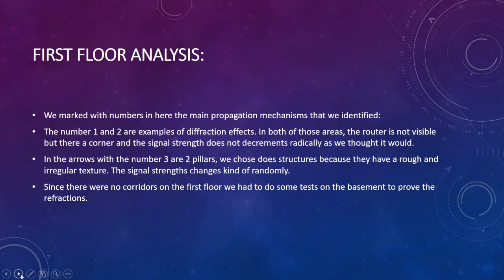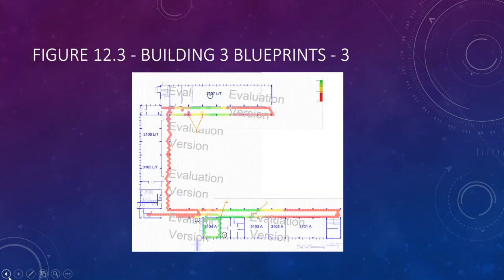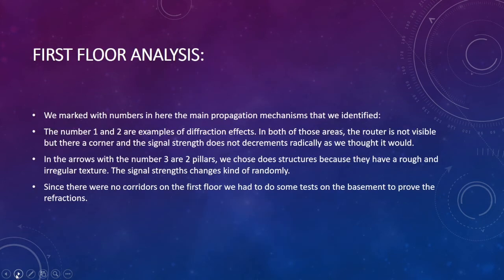In both of those areas, the router is not visible, but there's a corner and the signal strength doesn't decrement radically as we thought it would. Since there were no corridors on the first floor, it's a free space, we have to do some tests in the basement to prove the reflections. So in conclusion, in first floor analysis we can see diffraction effects.